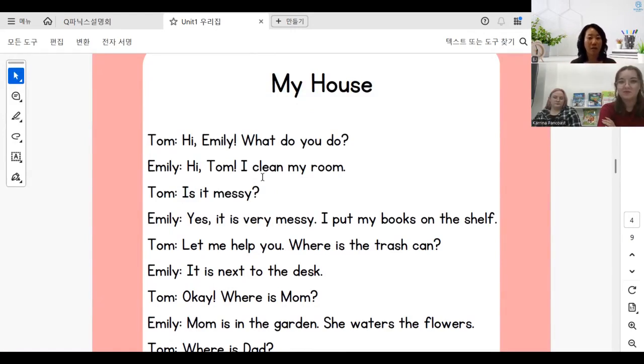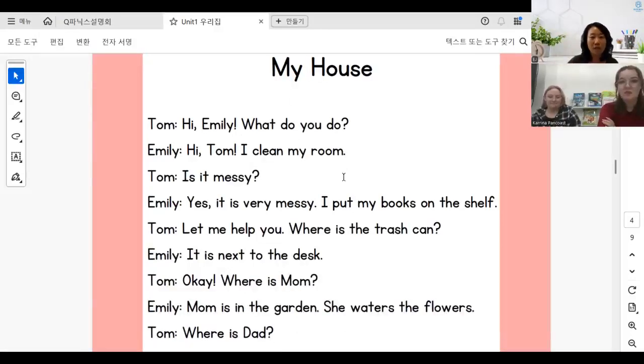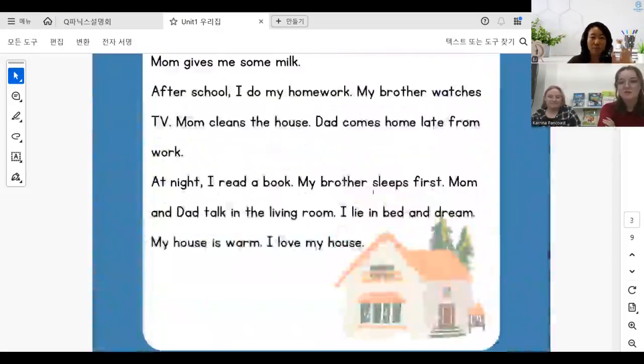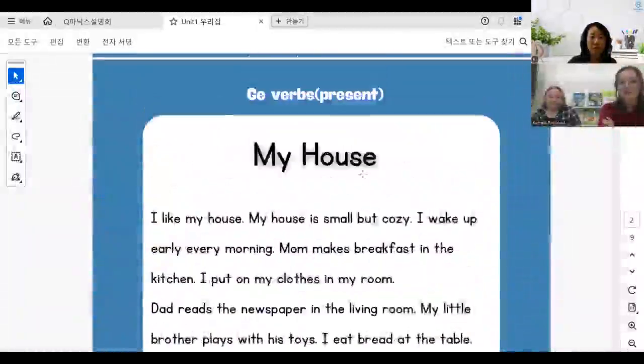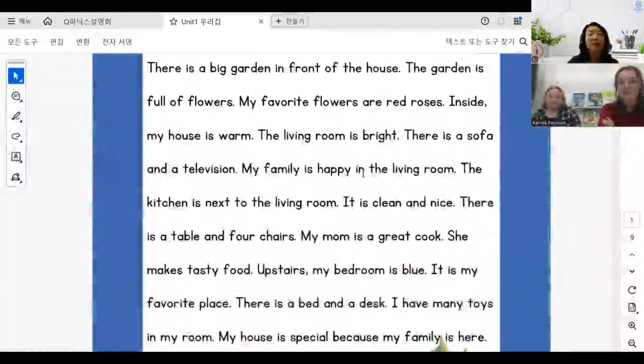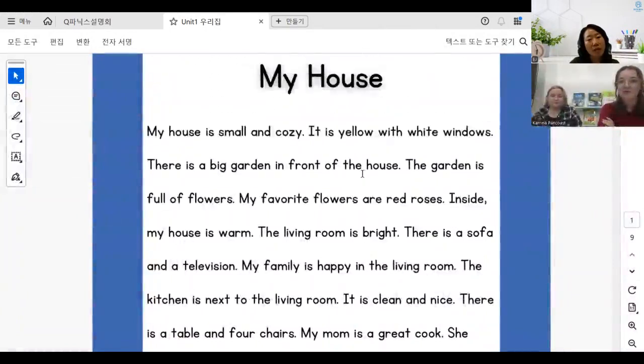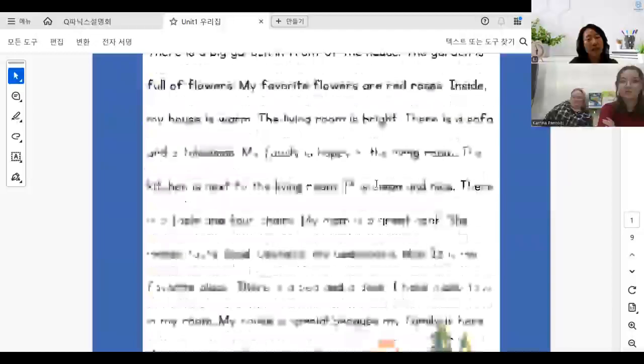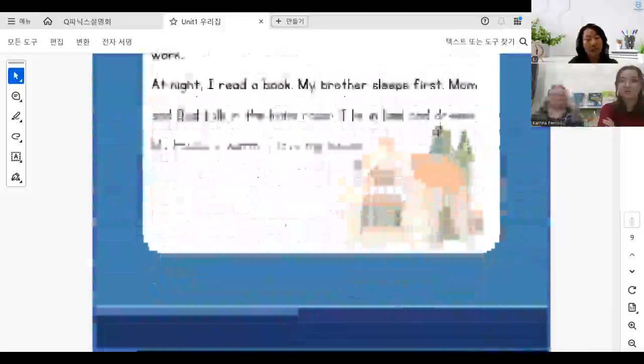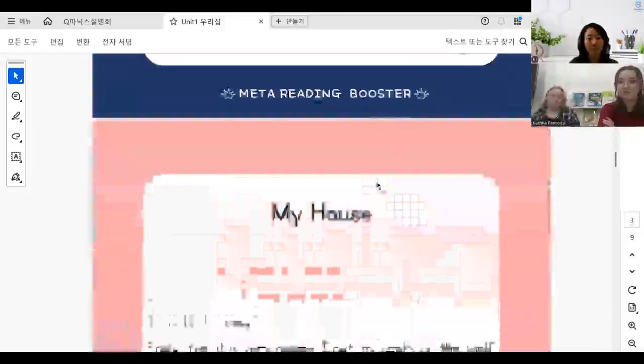Since I'm Tom, hi Emily, what do you do? Then they have more fun, and if they put in their emotion, the brain tends to remember more. So after reading the passage, they understand the content, and then they can make a conversation here.